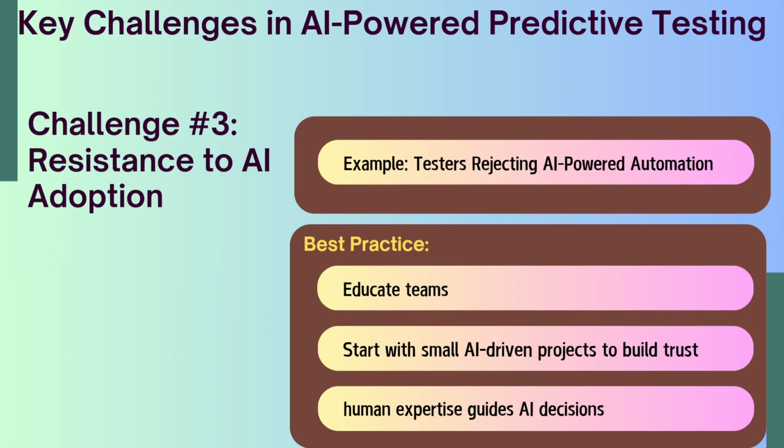The result: the AI tool was never fully adopted. So, best practices for this: educate teams on AI's role as an assistant, not a replacement. Start with a small AI driven project to build trust, and also involve testers in AI model training to ensure human expertise guides AI decisions.